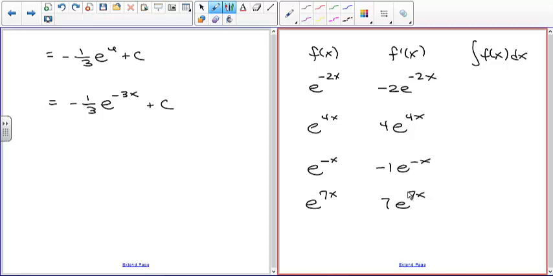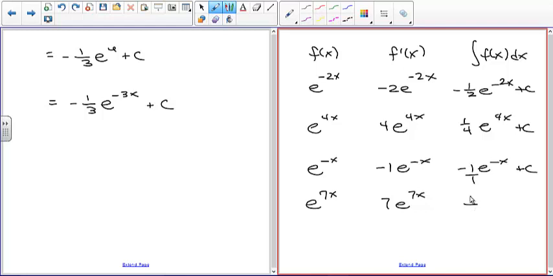And the same thing applies when you integrate, except you divide by whatever that constant is. So if you integrate e to the negative 2x, it's going to be negative 1 over 2 e to the negative 2x plus c. Here you get 1/4 e to the 4x plus c. Here you would get negative 1 e to the, negative 1 over 1, which is still negative 1, to the negative x plus c.